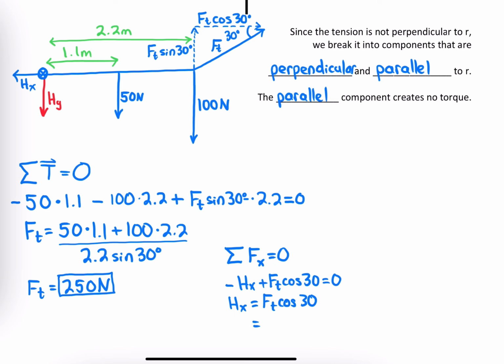So FT is 250, because we just solved for that over here, which means that Hx is going to be 217 newtons if we round to 3 sig figs.